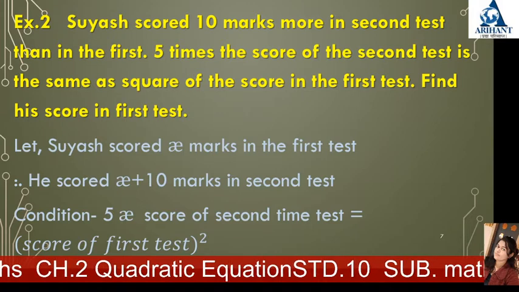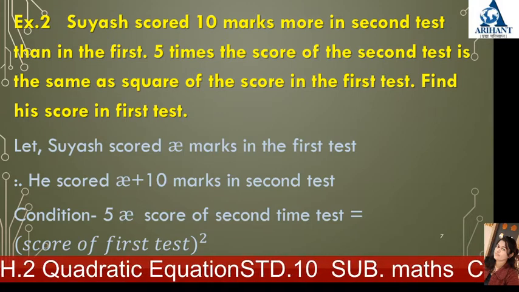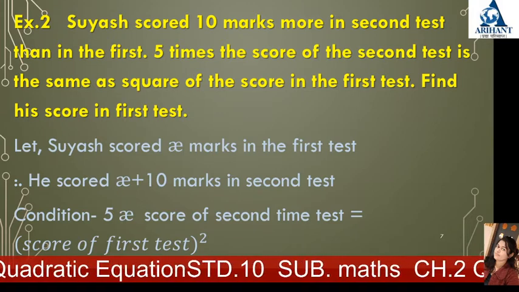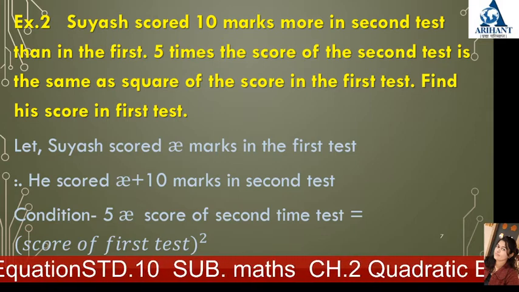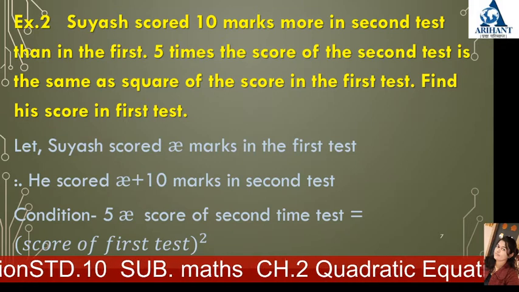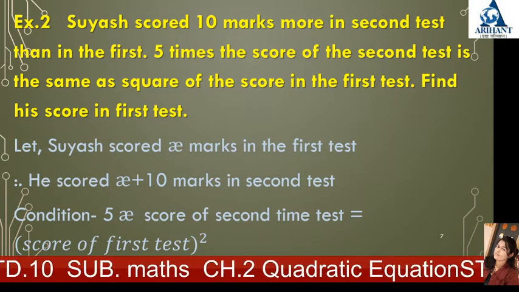So let Suyash score x marks in the first test. If Suyash scored x marks in the first test, then he scored x plus 10 marks in the second test, right? Because he got 10 marks more in the second test.